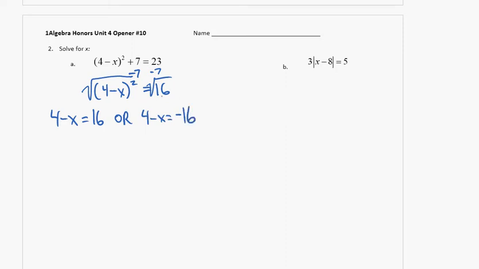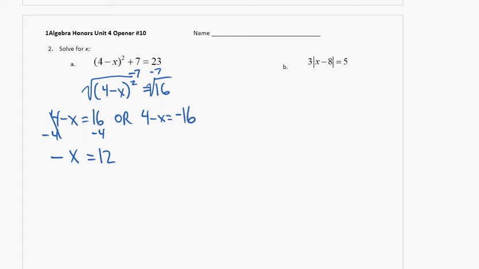Now, again, if you don't know where the 16 and the negative 16 are coming from, you probably want to go back and take a look at openers number 8 and number 9, because that explains that a little more in depth. In any case, now I'm just going to do a little bit of algebra to get this x by itself, so I will subtract 4 on both sides, and I'll have negative x equals 12. Notice that was minus x there, so 0 minus x gives you a negative x.